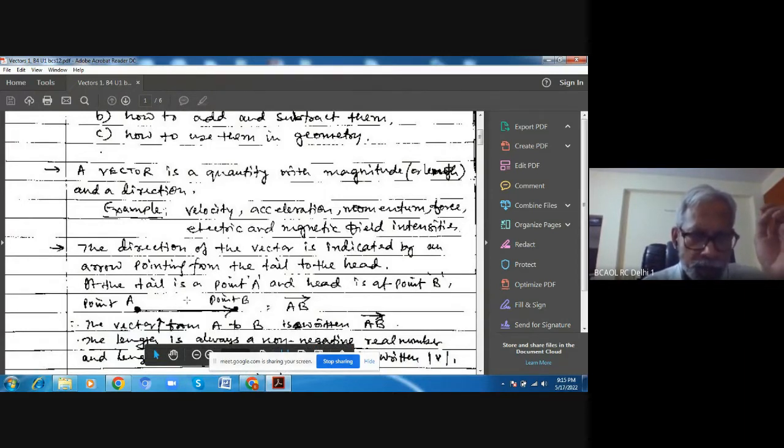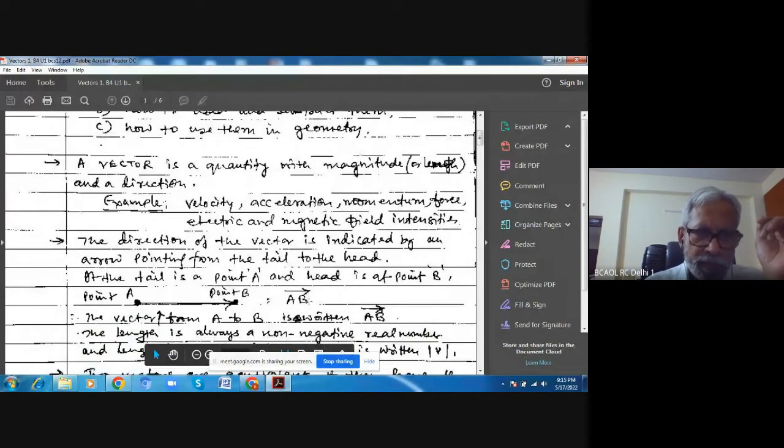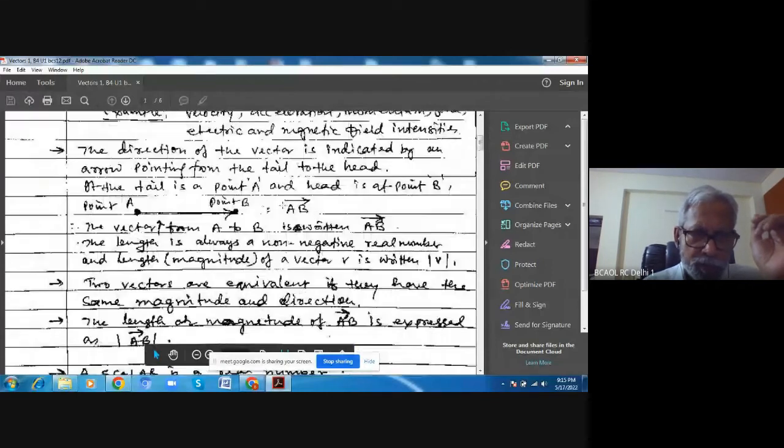So we represent a vector by showing an arrow, with a tail and a head. The head is where the arrow is. Suppose we have points A and B, then we can write AB, and the arrow should be from A to B. Okay? So that is the representation of vectors. So vector formation A to B, we can represent this way.